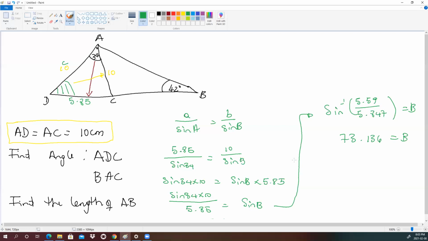All right, tell me where you were, tell me where you had the same thing. Did you have up to the second line, 5.85 over sine 34 equals 10 over sine B? Yes. All right, and then you cross multiply.